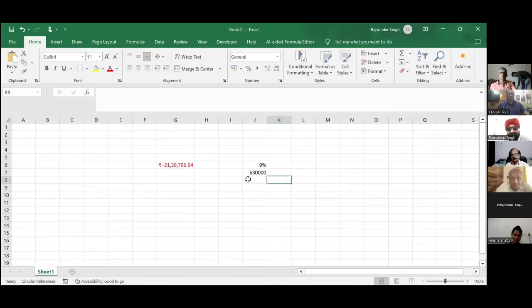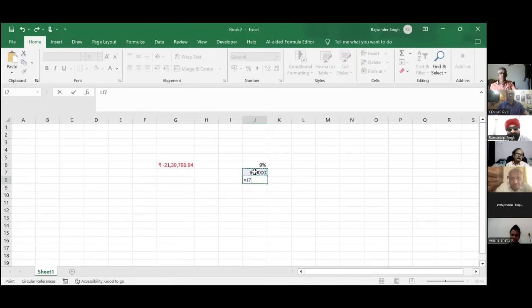Okay. Simply press equal to, J7 divided by J6, where J7 is the address of the cell with 6,30,000. You will get the same value also.